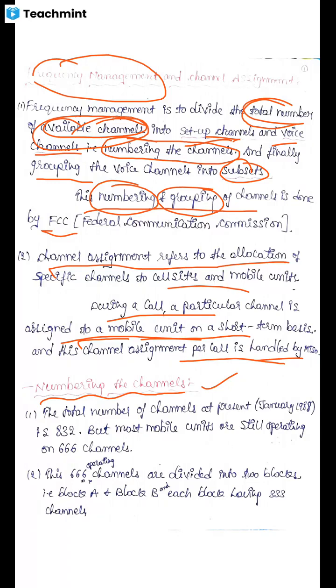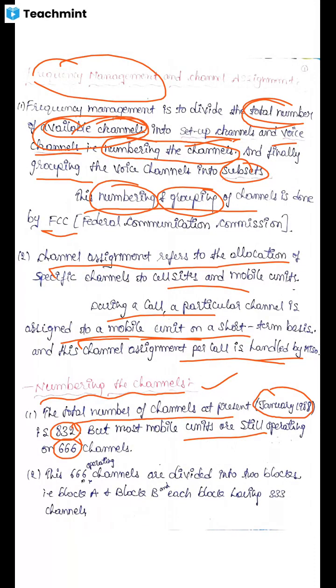Coming to the first point, the total number of channels here we are taking in January 1988. In January 1988, the total number of channels available are 832. Of these 832, most mobile units are operating on 666 channels.